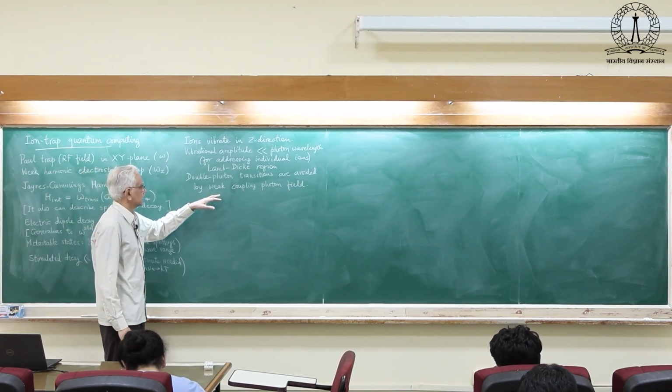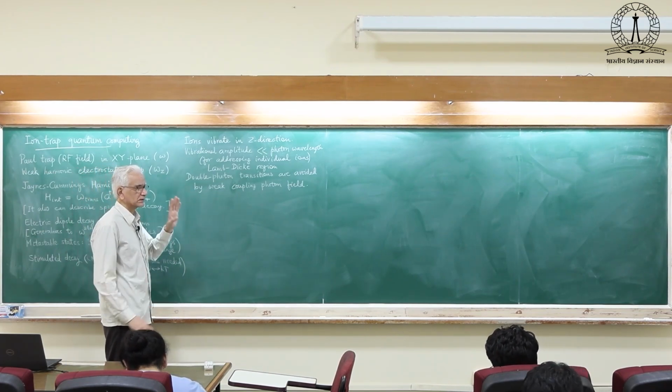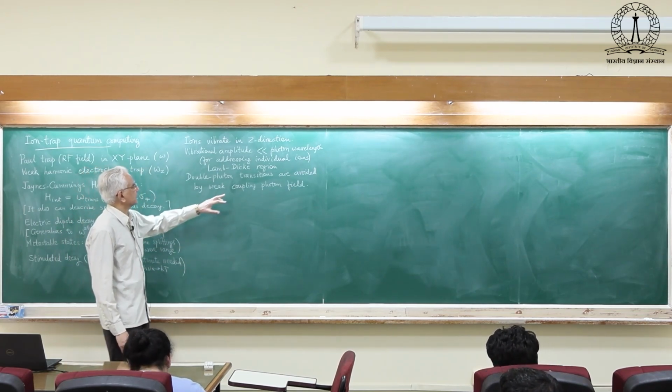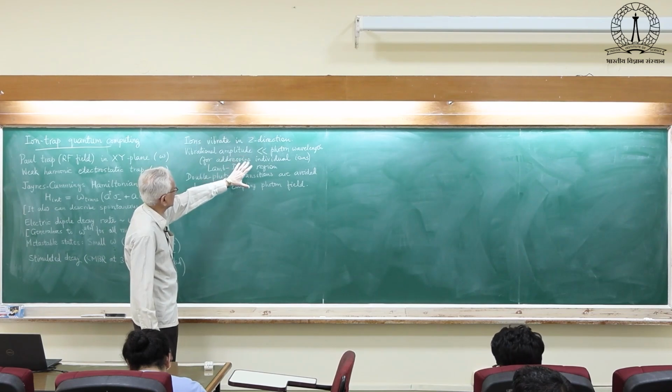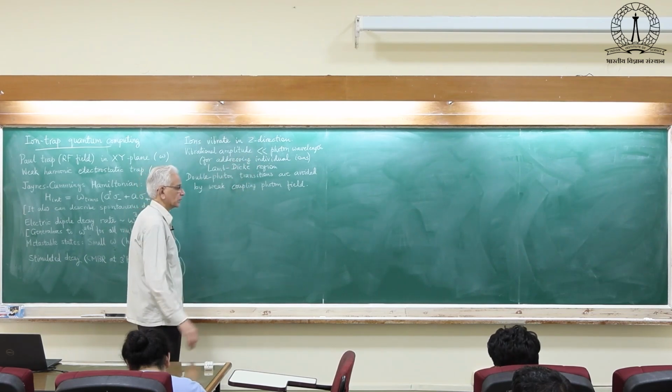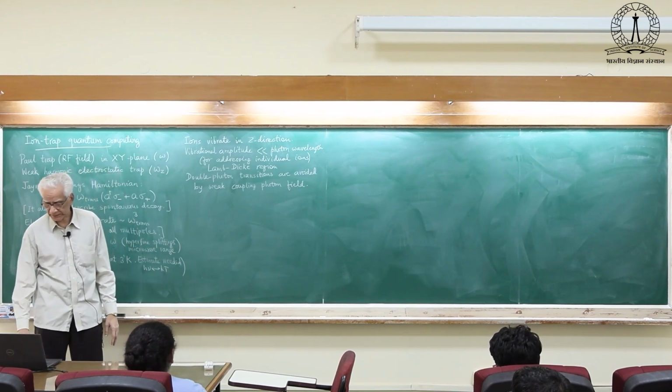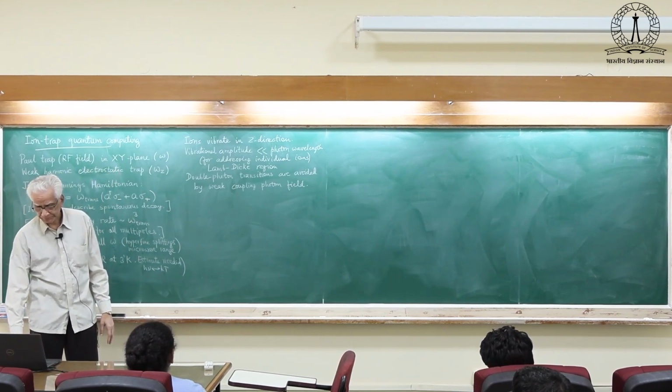You have to make sure that multiple transitions don't happen at the same time. Okay. So yes, you are going to cause perturbations by various kinds of photons shining on the atoms, but you have to keep all these criteria in mind.